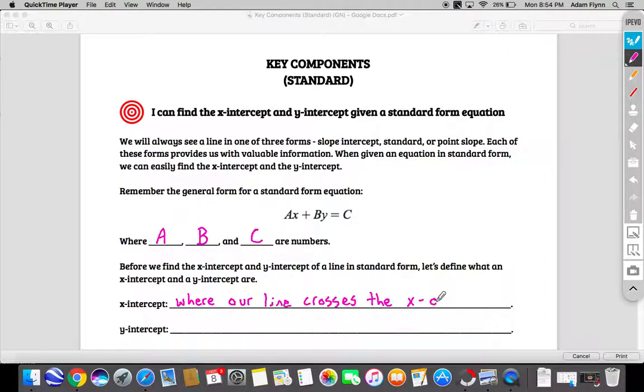So that would be our horizontal number line. And similarly, the y-intercept is where our line crosses the y-axis. Remember, our y-axis is just our vertical number line.